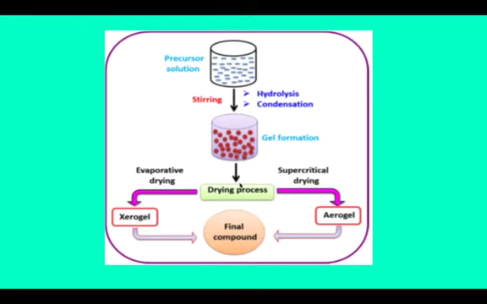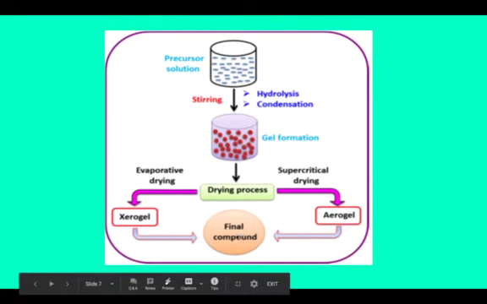Gel is then subjected to drying process. If it is done by evaporation, xerogel will be formed. If it is supercritical drying, aerogel will be formed. The xerogel and aerogel are calcined at 800 degrees Celsius to form the final compound.